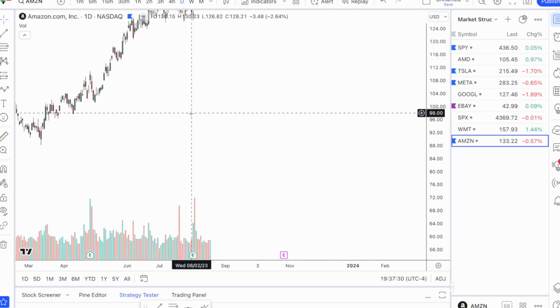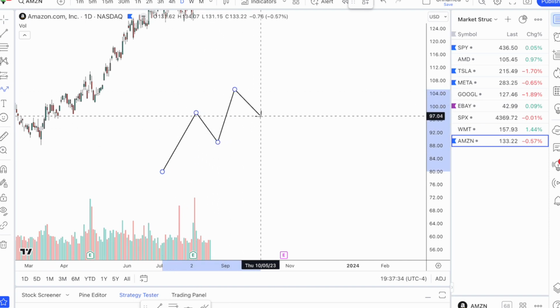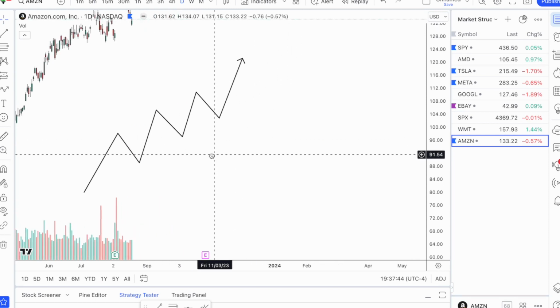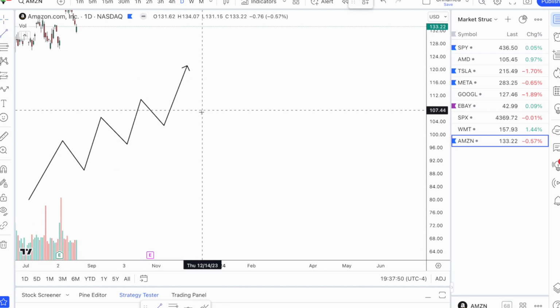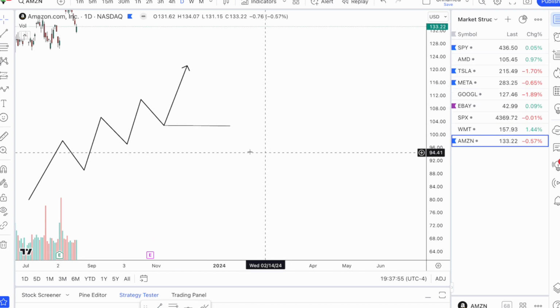Now, when it comes to a fake trend, obviously we understand a real trend, okay? For example, if this is our trend, we're in an uptrend. Now, we first need to understand what is a shift in trend before we get to that, and a shift in structure per se. If we wanted to see price go from an uptrend to a downtrend, what would we want to see? We would want to see price take out a low and then start making lower lows and lower highs.